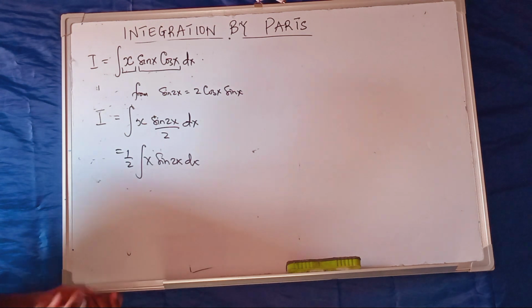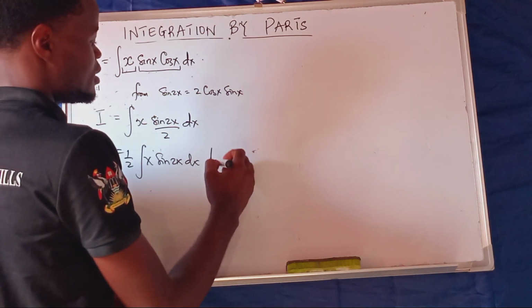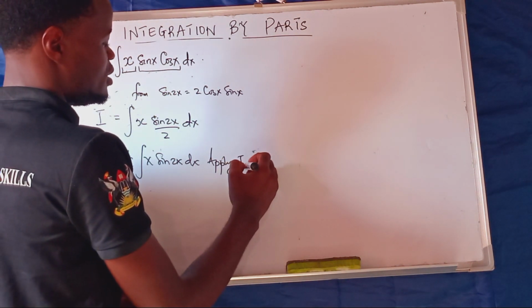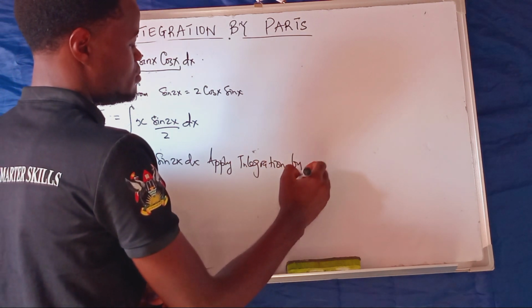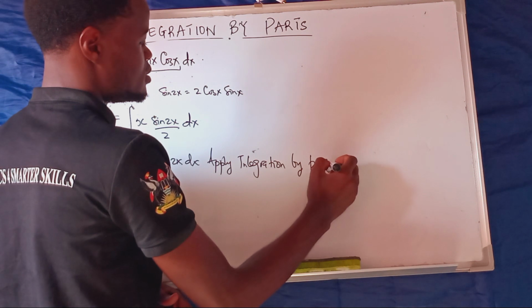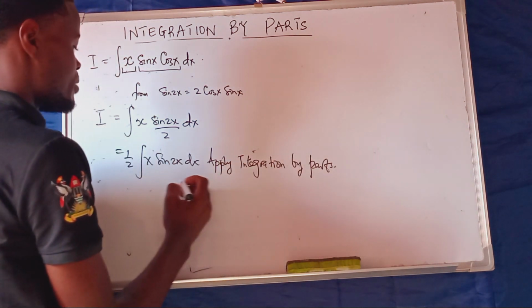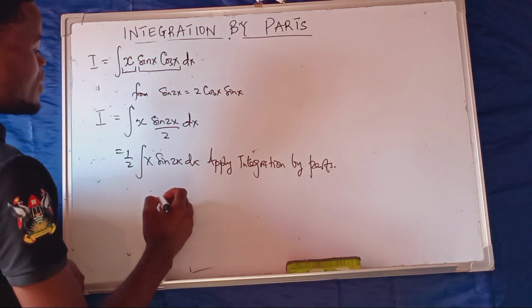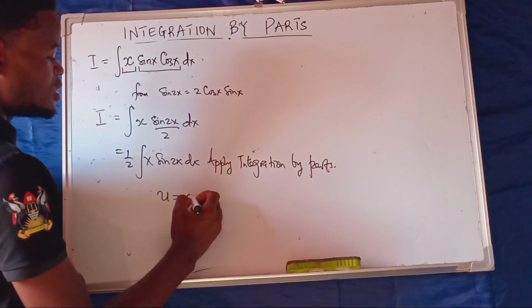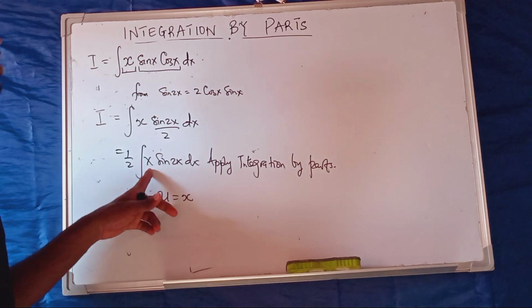Then here we apply integration by parts. If we apply integration by parts, we shall choose our u to be the x, because I know when I differentiate this is reducing.